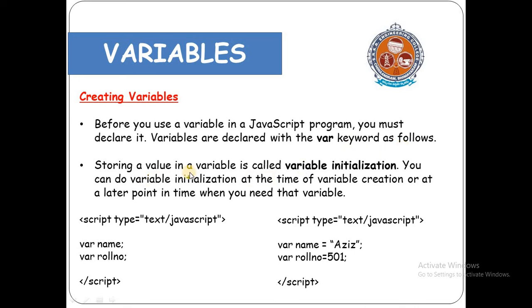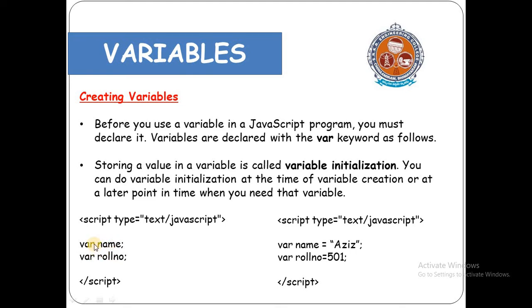Storing a value in a variable is called variable initialization. You can do variable initialization at the time of variable creation or at a later point of time when you need that variable. Here I have taken two examples. In the first example I just created two variables, name and roll number.